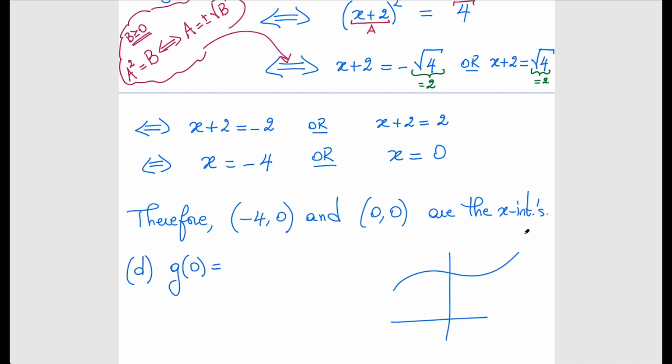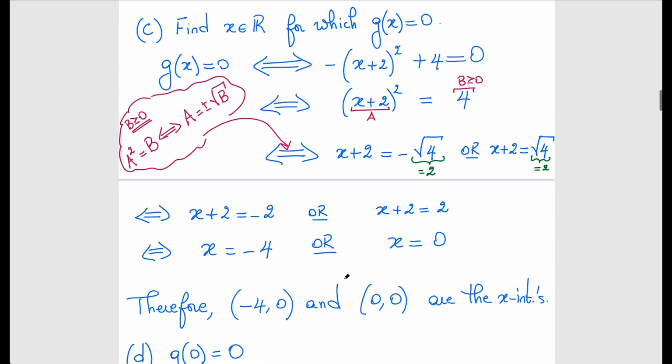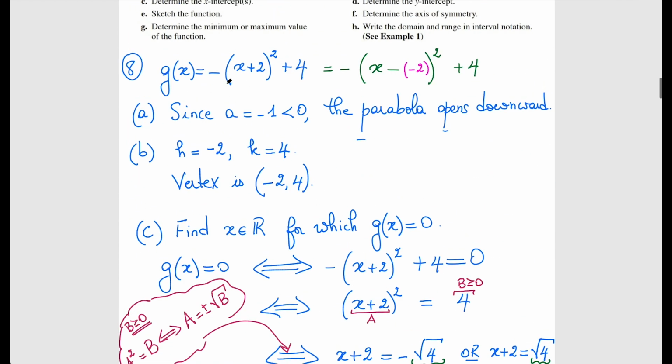That point is going to have first coordinate 0 for sure, because it belongs to the y-axis, and the second coordinate is going to be g of 0. So what's g of 0? We've just talked about it. It's 0.